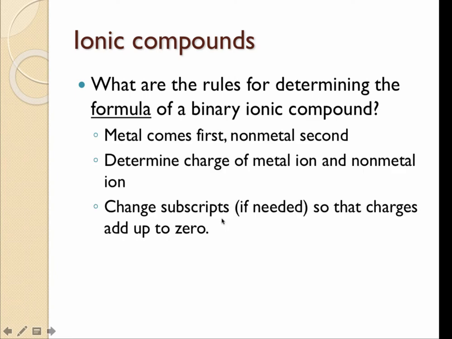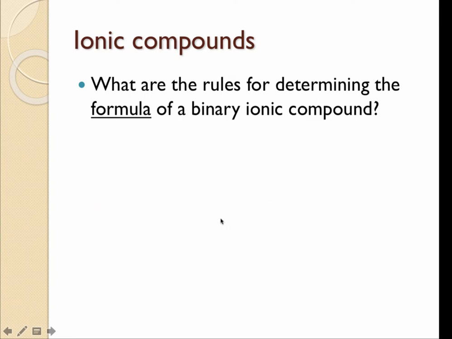Let's look at the two examples that we had before, just for a minute. We had sodium chloride, and we also had aluminum oxide. How come sodium chloride doesn't have any subscripts, but aluminum oxide does?